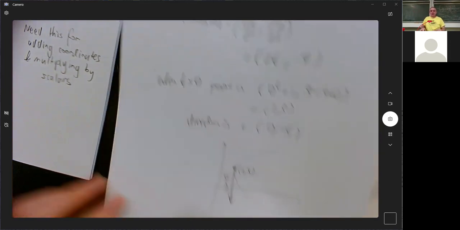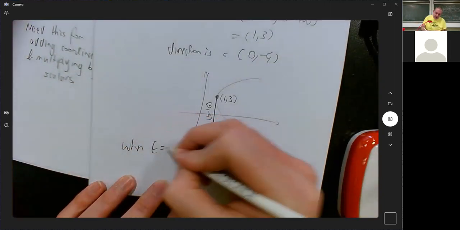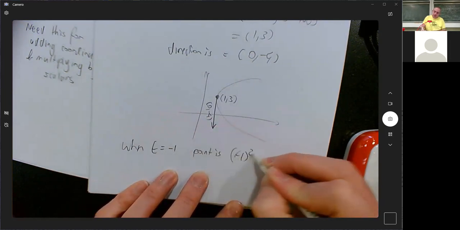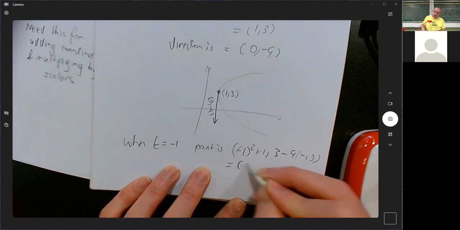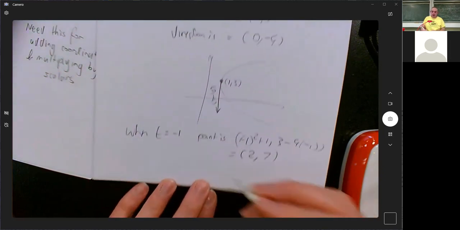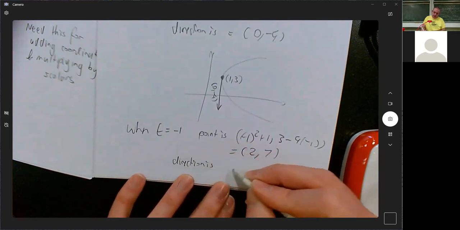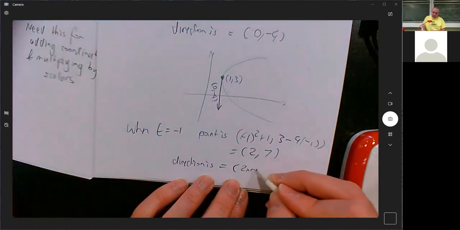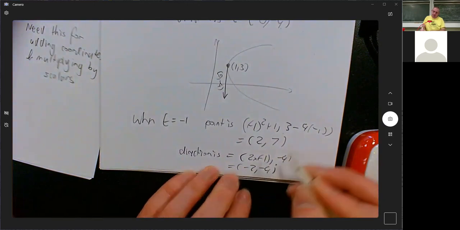Yeah. And so I'm just going to do another one. For t equals -1, the point is (-1) squared plus 1, 3 minus 4 times -1, which is 2, 7. And the direction is 2 times -1 minus 4, which is -2 minus 4.